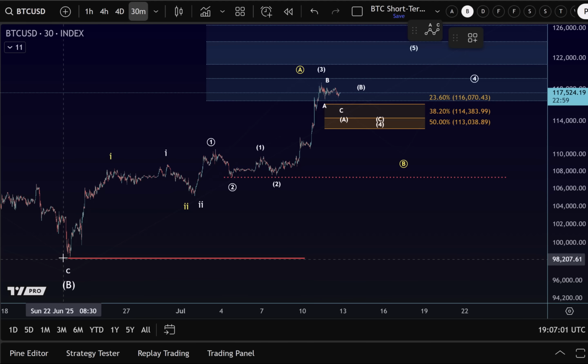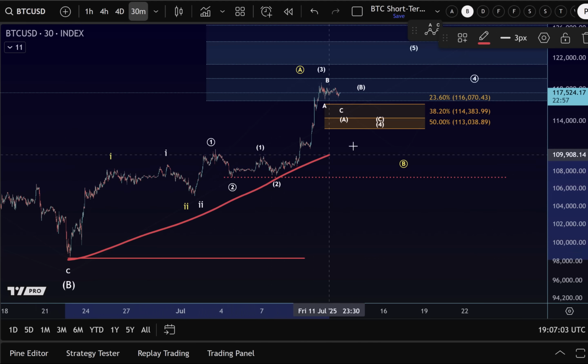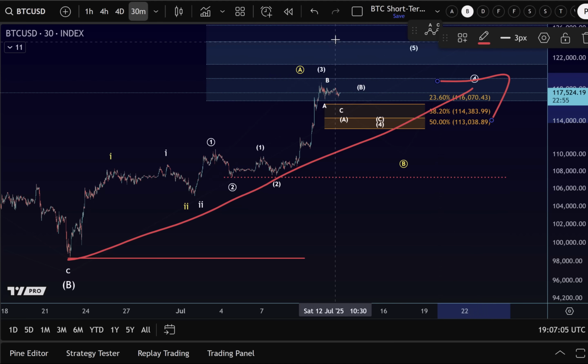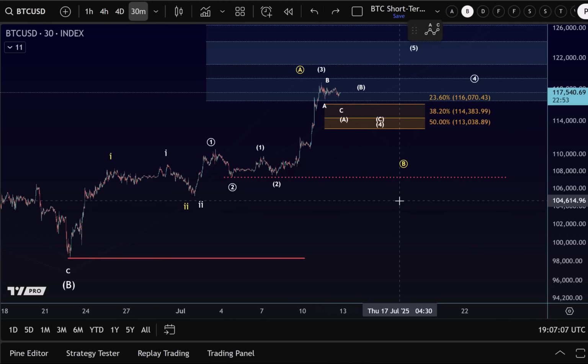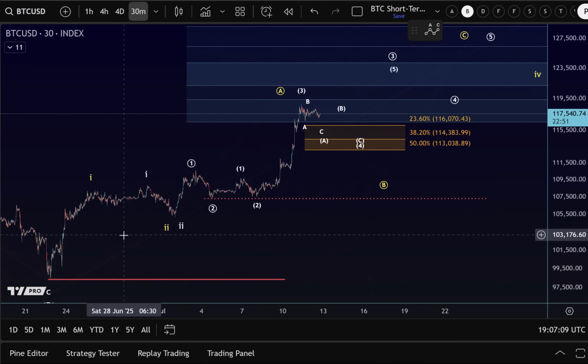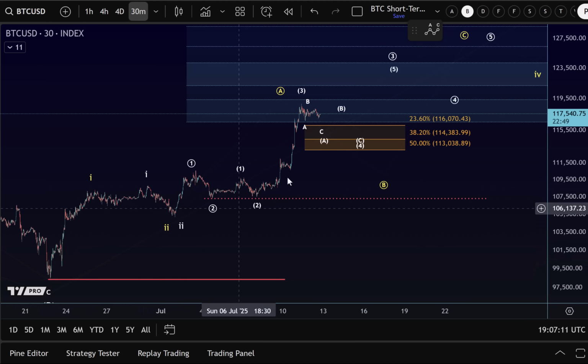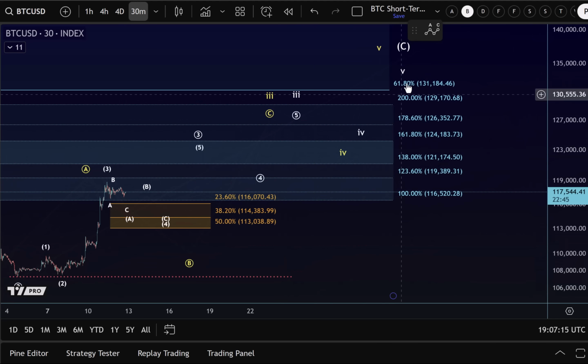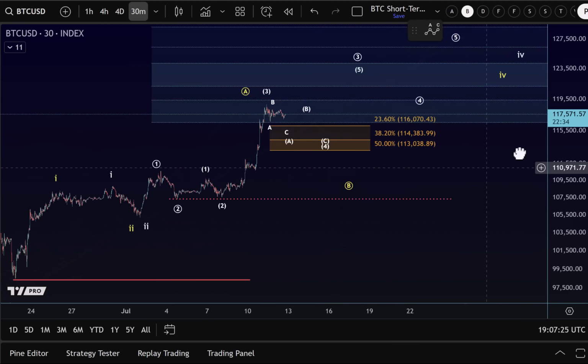But current idea is we are now in this C wave to the upside, which can take us to 130K and beyond. Now, at the moment, we can see that this is a 3-wave move up so far. And what we want to get to is a 5-wave move because a C wave is 5 waves. Now we can get extensions in between and everything, so this might all shift a little higher. But there are some Fibonacci levels that meet in the 130K area.